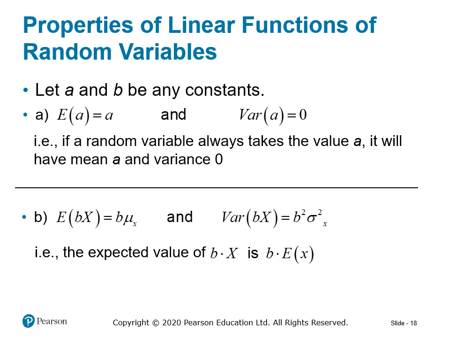The expected value of bx is going to be b mu x, and the variance, as we just saw, is going to be b squared sigma squared x. The expected value of bx is b times the expected value of x, and we know that the expected value of x is simply mu of x.